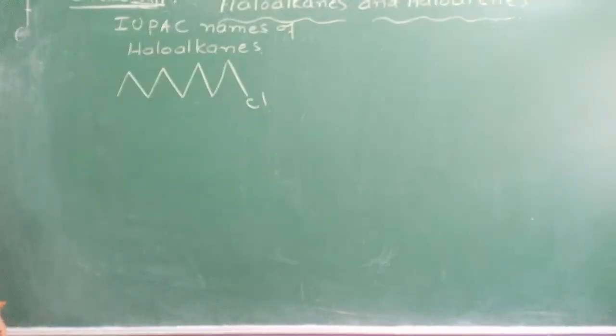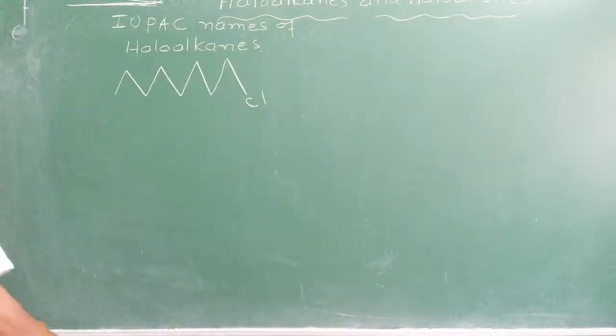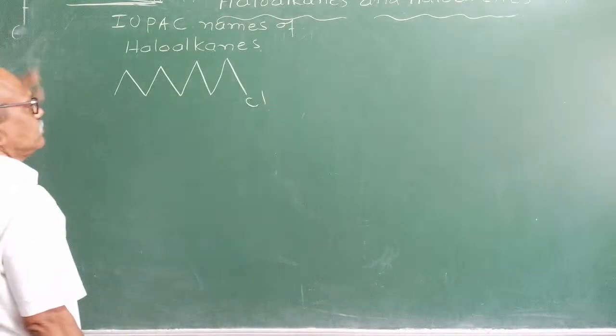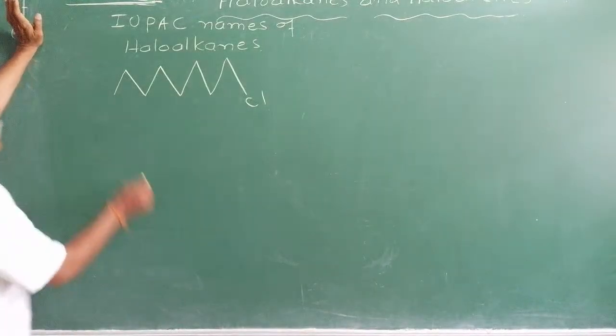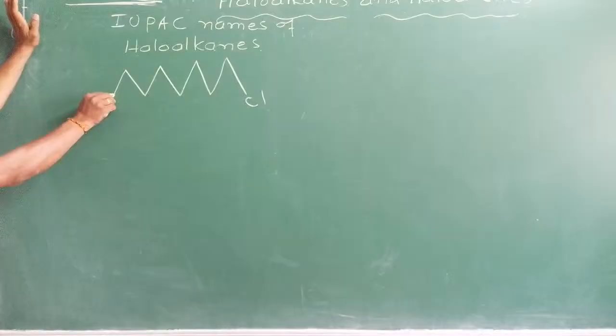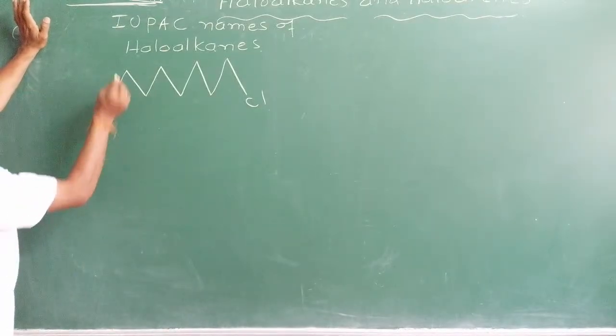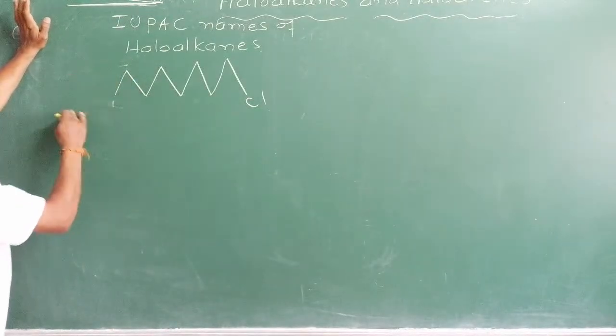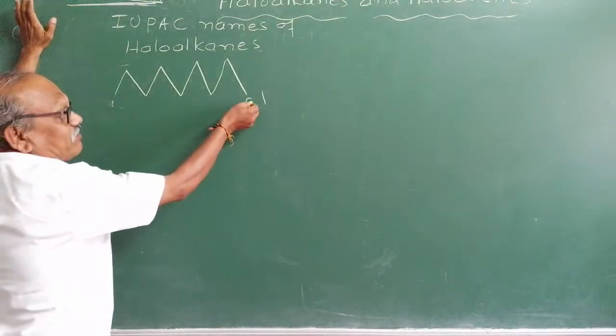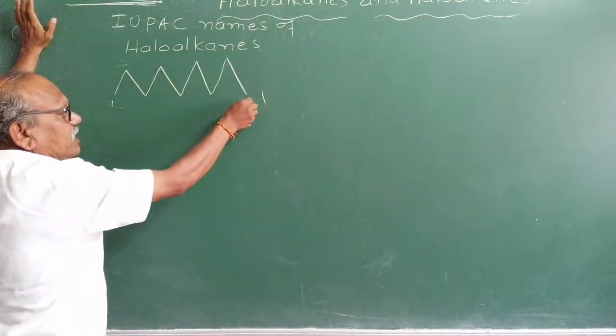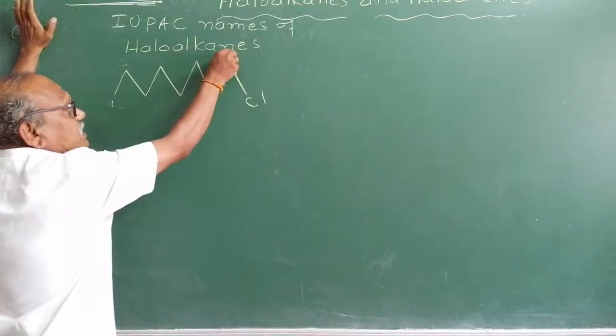Bond line notation. At every corner there will be one carbon atom. You count the carbon atoms. I have to start numbering from the carbon atom containing the halogen atom, isn't it?